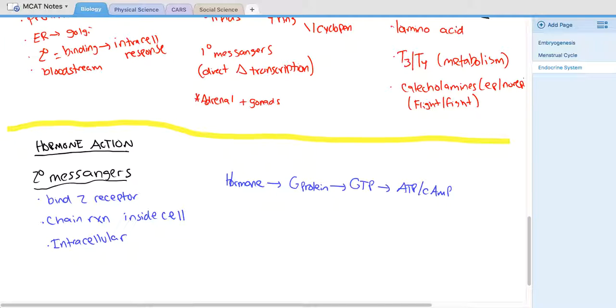And then the cAMP is basically a signaler, which is going to activate a protein cascade. So the basic idea for these secondary messengers is a hormone which will work on a G protein, which will activate cAMP amplification.